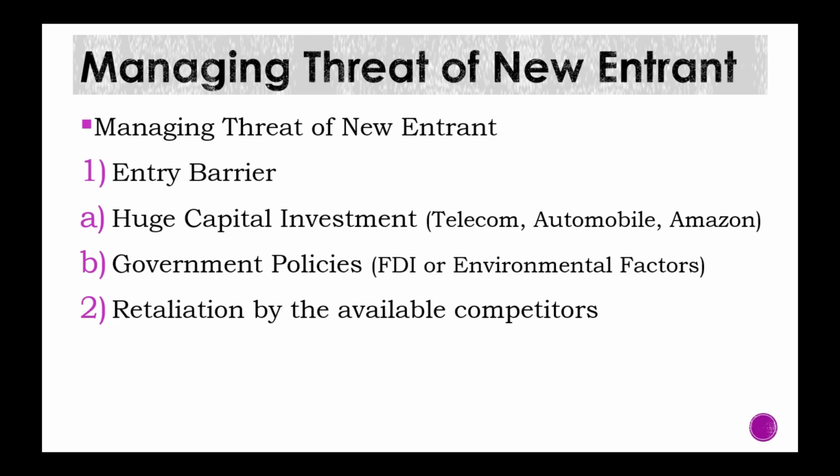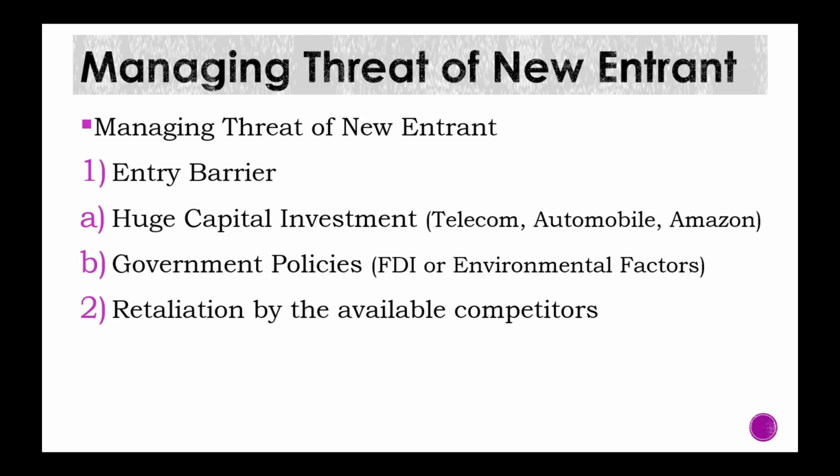Secondly, by means of retaliation strategy. A retaliation strategy refers to actions taken by a company to respond aggressively to a competitor's move to protect its market share, profitability and competitive position. Here, the existing companies who have already achieved economies of scale can lower prices of their products very low, which the competitors cannot match, and cannot sell their products below that price to the customer.